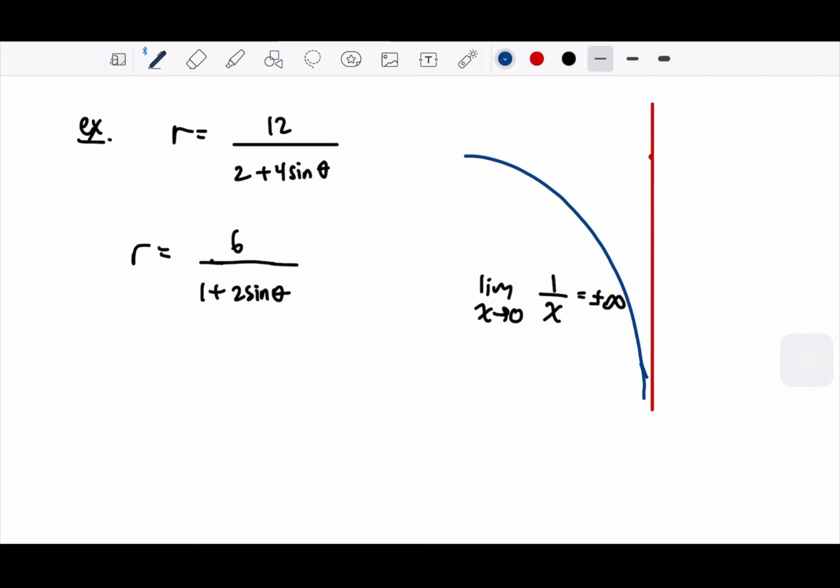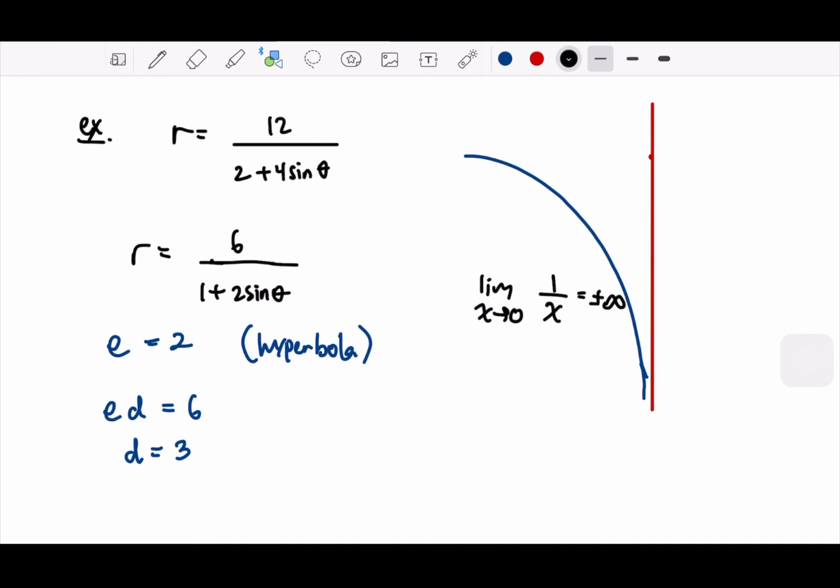Which means that this E is 2. So it should be a hyperbola. And E multiplied by D is 6, so D is 3. And since it's plus, x equals 3, so at the top.